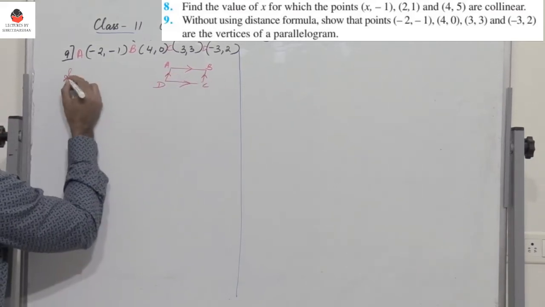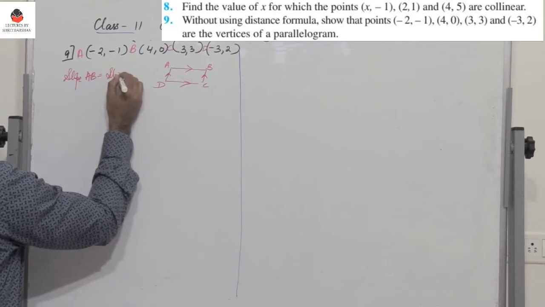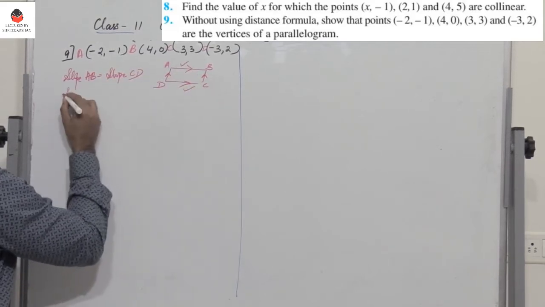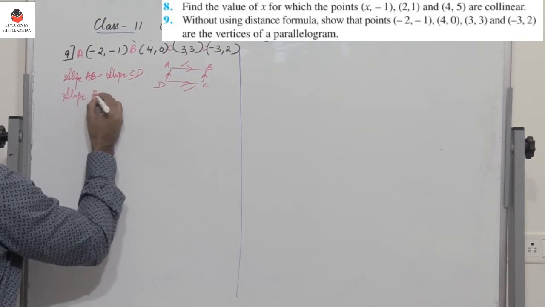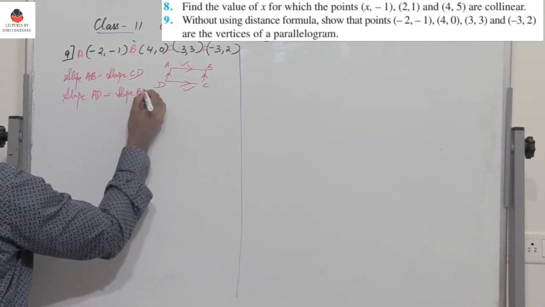So therefore slope AB should be equal to slope CD. These two slopes should be equal, and similarly slope AD must be equal to slope BC.